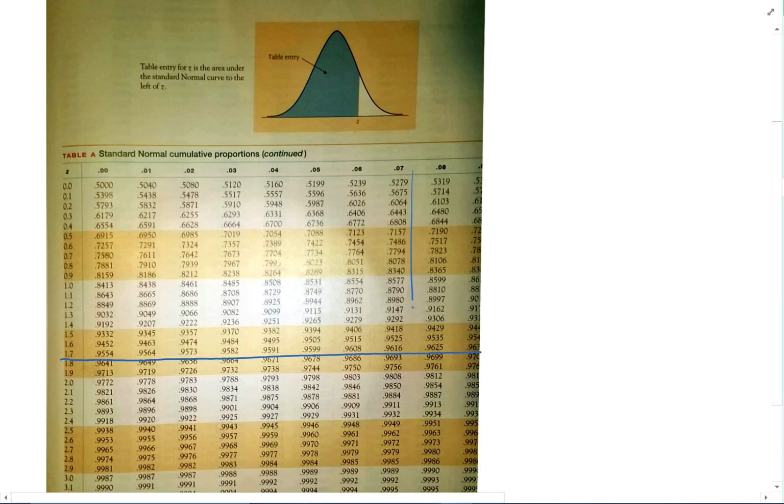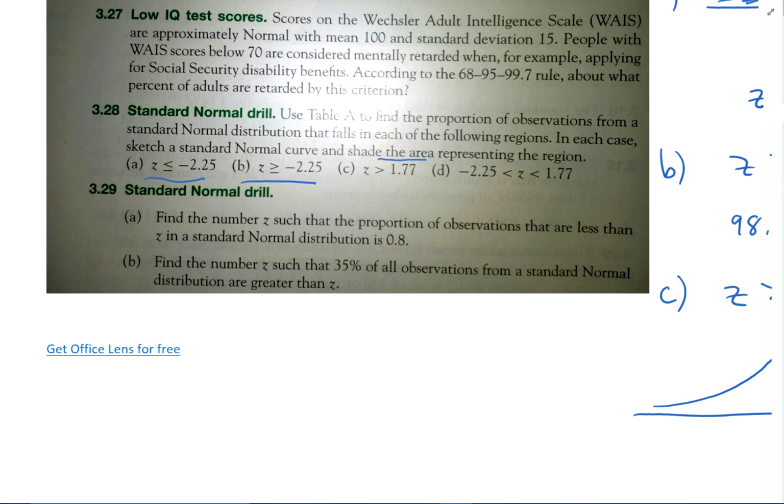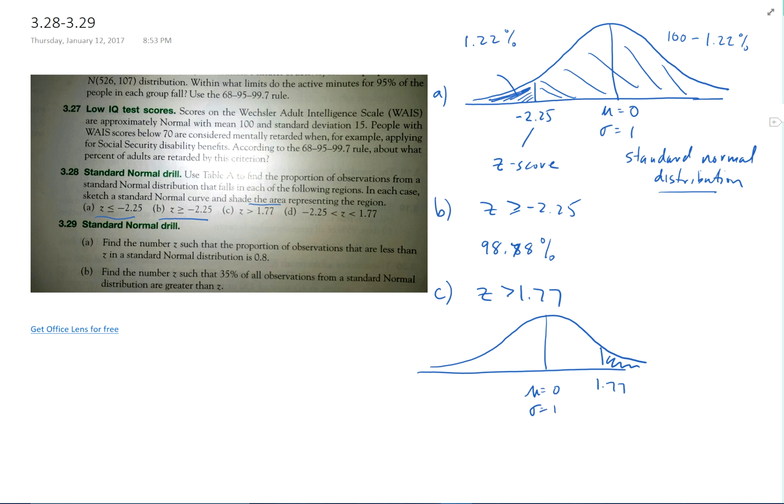And I come down here, 96.16. Okay, so now notice on the picture, it's the area to the left up here, right? So 96.16 to the left. So this area is 96.16. So this area is 100 minus 96.16, which would be 3.84%.